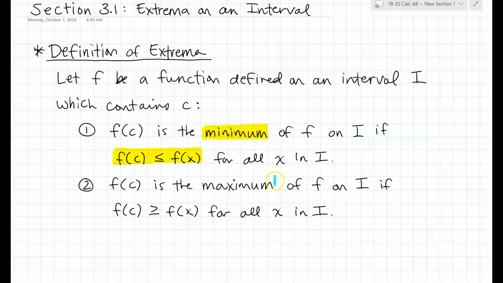The same applies to the maximum. You'll notice they say f of C is greater than or equal to f of x for all x in I. In other words, there is no x value that is going to give a higher y value than f of C. So f of C is the highest of all the points.